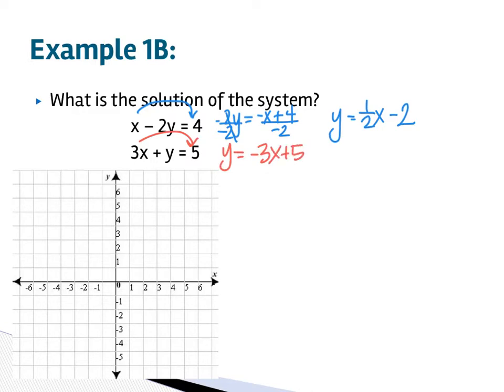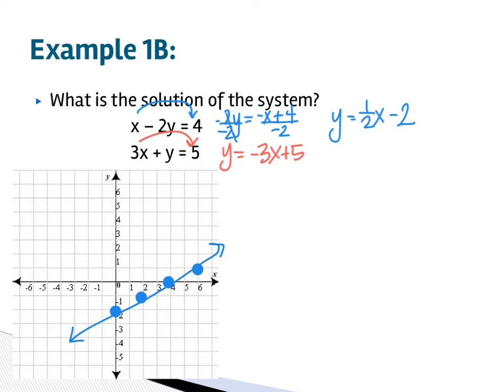Okay, for the blue line, you're going to do your y-intercept first, so that's going to be negative 2. So we go down 2 on the y-axis, put a point, and our slope is up 1, right 2, up 1, right 2. And we draw a line through those points.